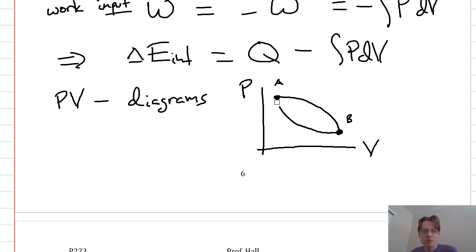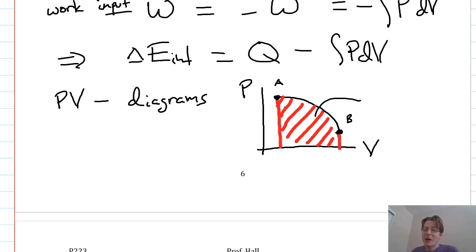So we always need to look then at the area under the graph. That area tells us how much work the gas has done for us. Now, the integral of PdV is W prime.